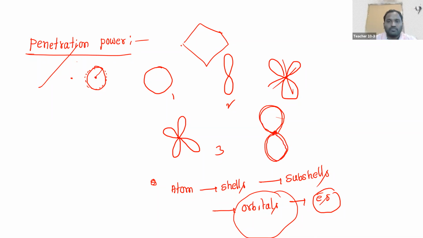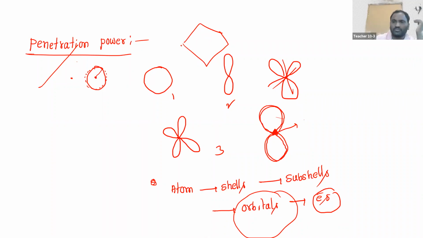So if the shape of p orbital is like a dumbbell, only then this condition will be satisfied. This is called a nodal point. Nodal point means where the probability of finding an electron is zero. In this way, they decided the shape of p orbital.